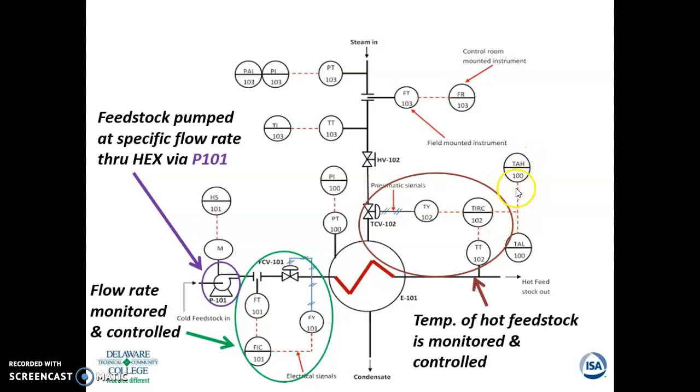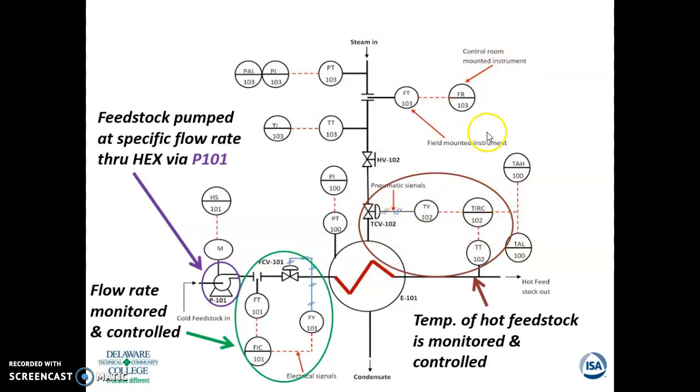This tells me that there's a high alarm and a low alarm. These are electronically signaled based on the current coming from this transmitter, and then it'll signal a high or a low and do whatever an alarm tells it to do or just warn the operator. Then another electric signal comes out to the converter again, the transducer TY 102. The I to P sends out a pneumatic signal to the temperature control valve TC 102. And there's your whole loop.